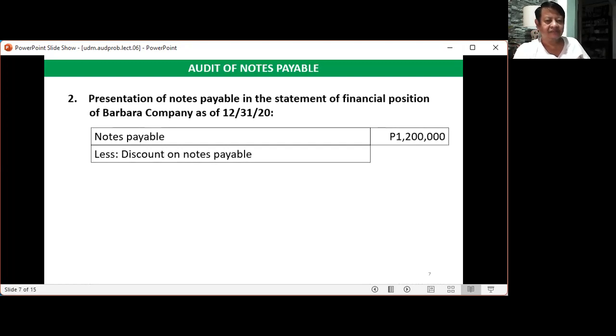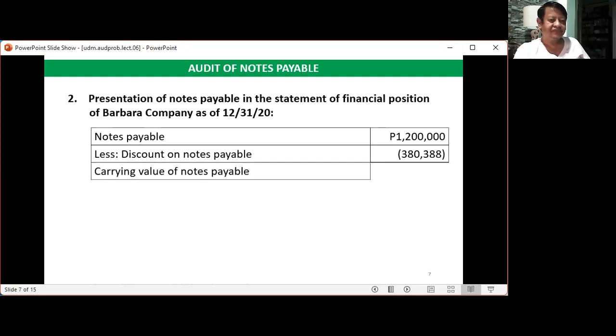We will deduct the discount on notes payable, the amount that we computed in the previous slide, that is 380,388. So the difference is the carrying value of the notes payable amounting to 819,612 pesos.